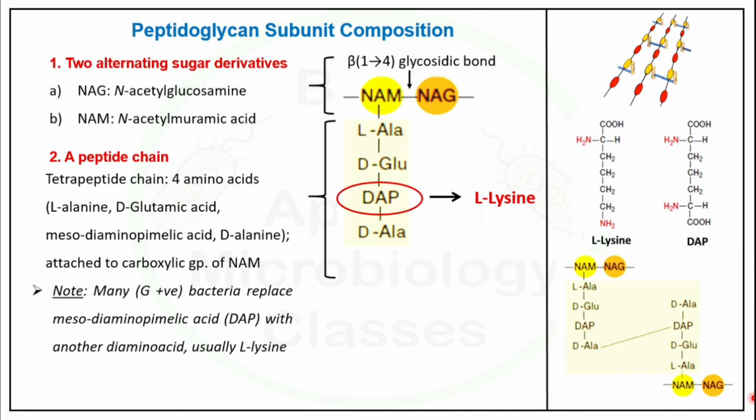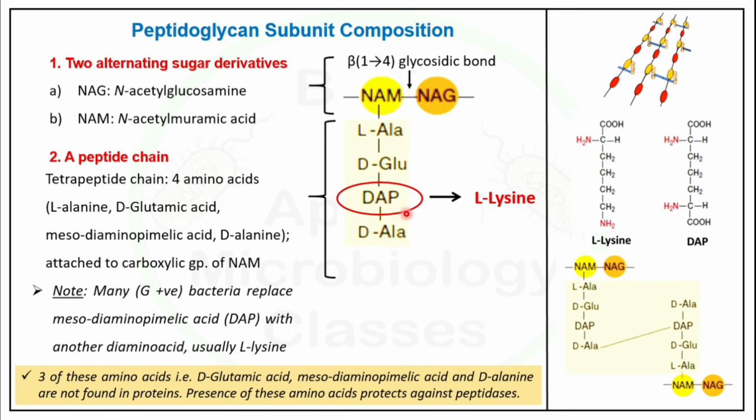One another point which is very important from a competitive examination point of view. What you can see here, in this tetrapeptide chain, three of these amino acids are what? D amino acids, right? So what is the advantage these D amino acids are giving to bacteria? You should make your understanding clear that most peptidases target L amino acids.